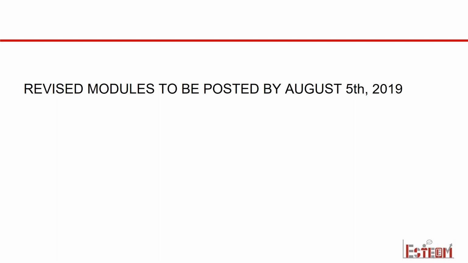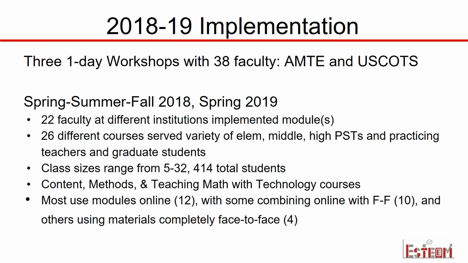So I highly encourage you to register and go in and look around, but please don't download any of the materials until after August 5th, and I will be sending out an announcement when they are ready so that you have the latest and greatest of the revisions.